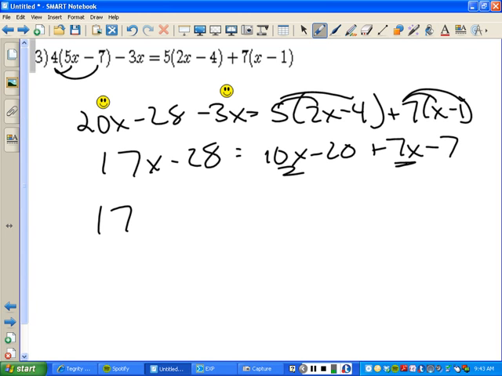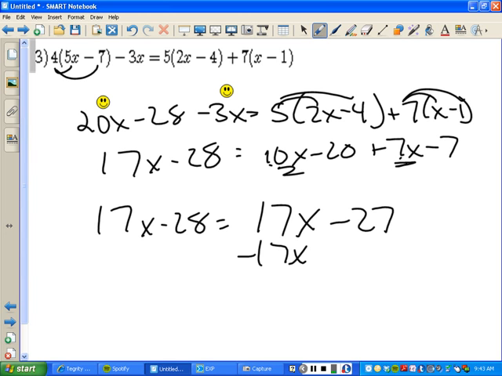So you got 17x minus 28 equals 10x and 7x is going to be 17x minus 27. Now we're going to subtract 17x, subtract 17x. Clearly this is just x. Minus 28 equals negative 27.